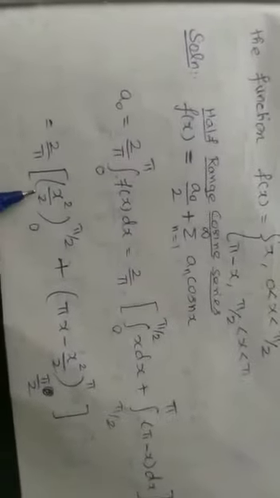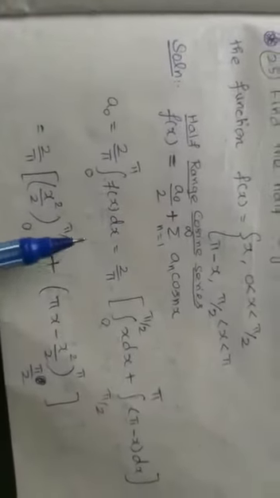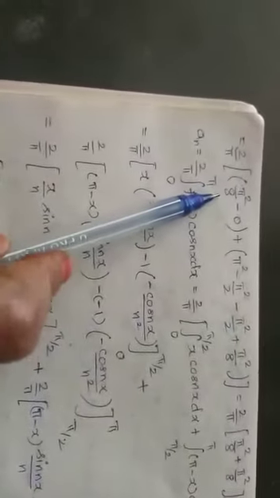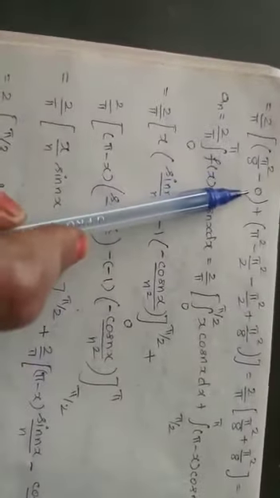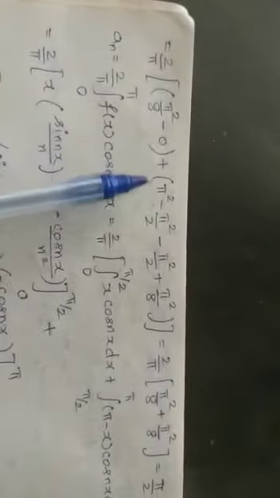You will get pi square divided by 4 divided by 2, so pi square by 8 for the upper limit. So pi square by 8 minus the lower limit, which is 0, plus the second integration.